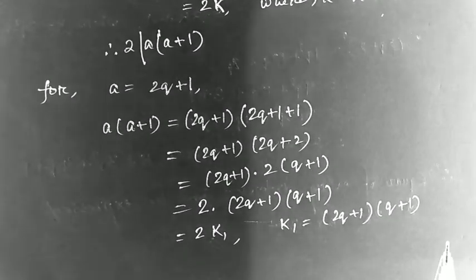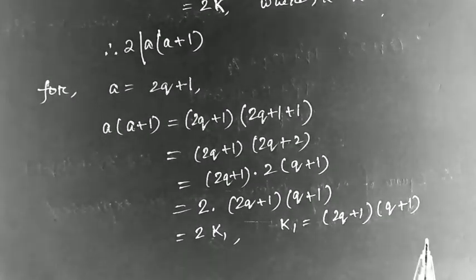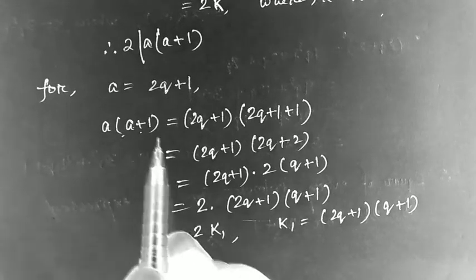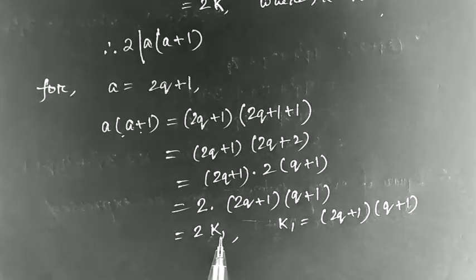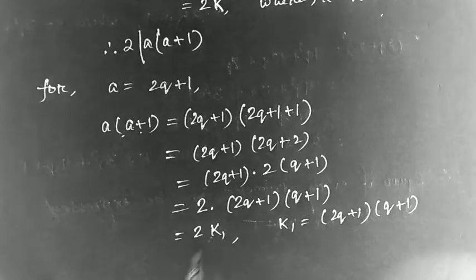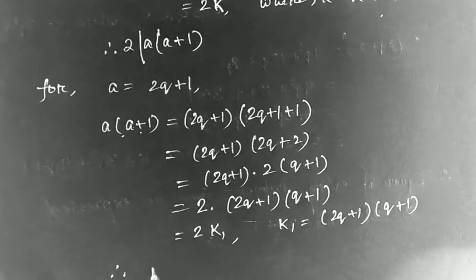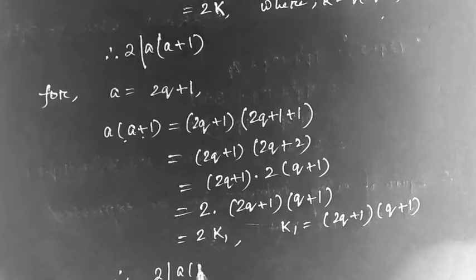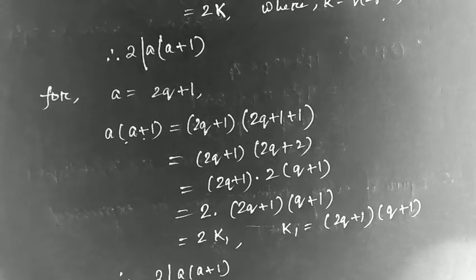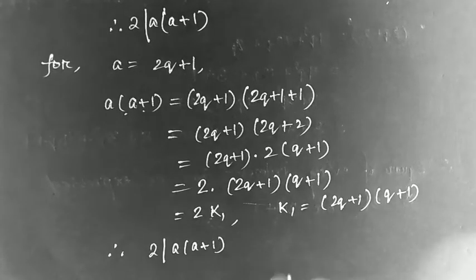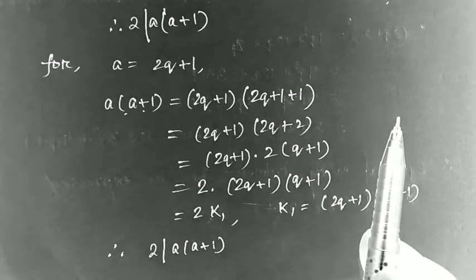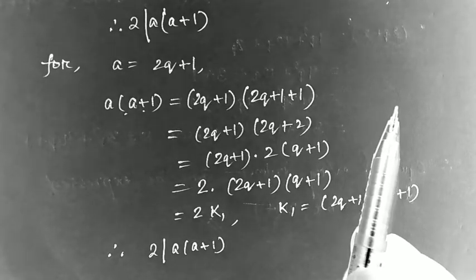So what can we write? Since a into a plus 1 is equal to 2 into some integer, therefore 2 divides a into a plus 1. So in the same way you will do the next part of this sum, very easy.